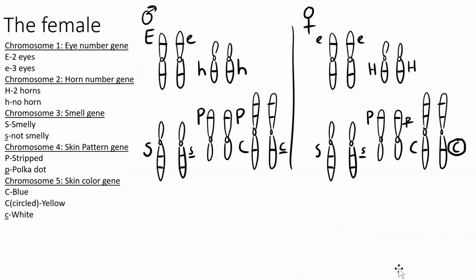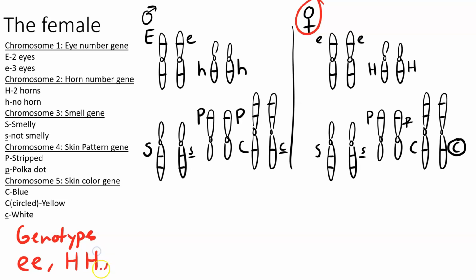Moving along to the female, so now we'll look over here at this part of the slide, and we'll write down the female's genotypes. So she is the following. Okay, so what does that break down into phenotypically?